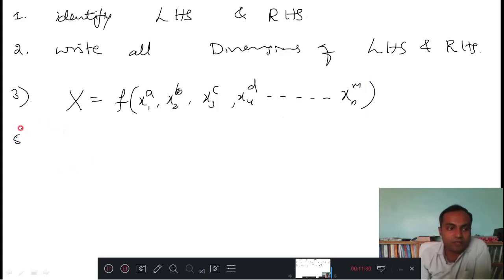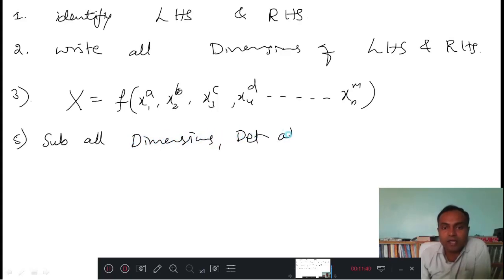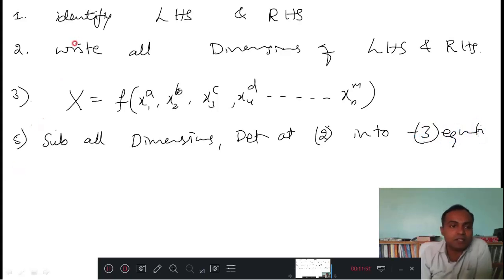Then the next one is to substitute all the dimensions determined at the second point into the third equation. Whatever dimensions you calculated, you substitute back into this equation.